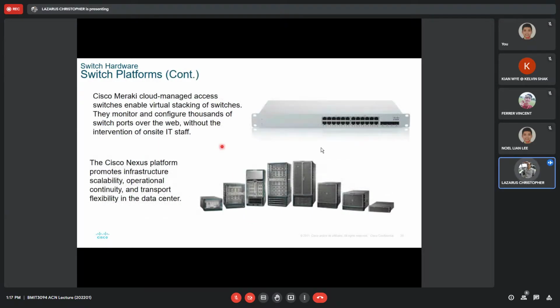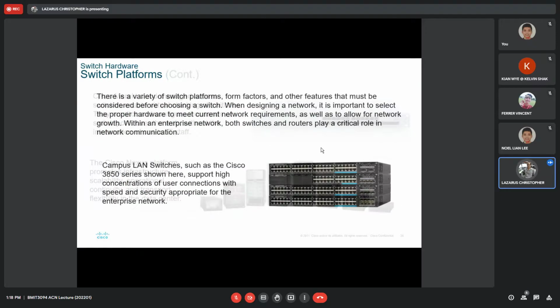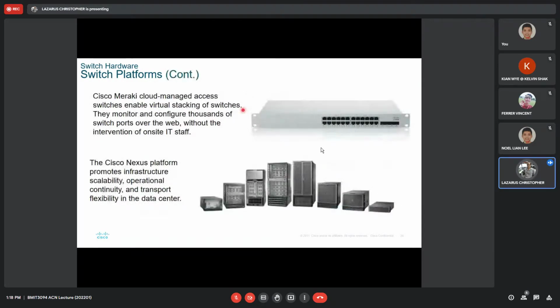There are different types again, Cisco Meraki here and Cisco Nexus. Cisco Meraki is a cloud managed access switch, and this one is something a little bit special. Just now it was physical stacking, where you see the switches being stacked, but this one is virtual stacking of switches.